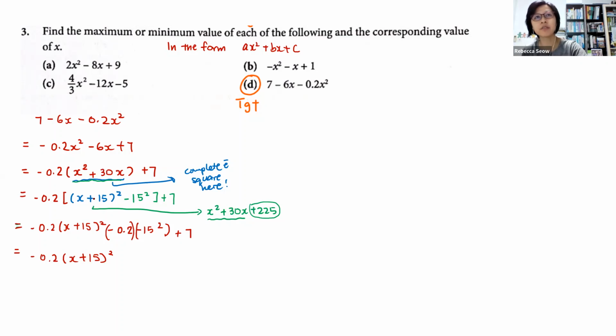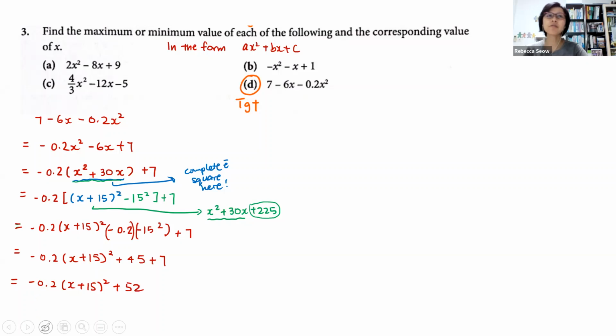Okay, I'll get 45 plus 7 minus 0.2 times x plus 15 square plus 52. So from here, I will have completed the square.